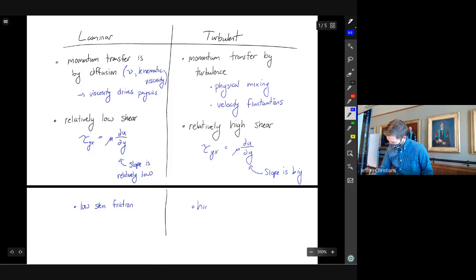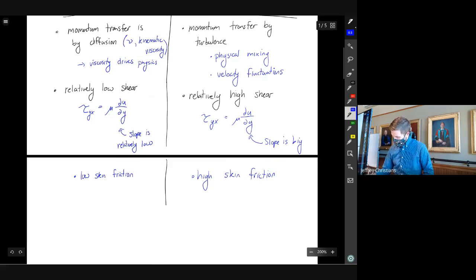So turbulent flow is going to be high skin friction. And one of the key insights is basically all of the things that mattered for flow inside of a pipe are going to matter in similar ways to flow outside of an object.